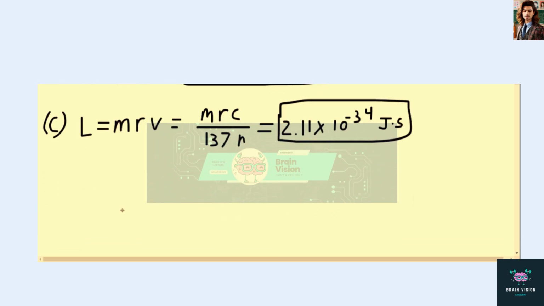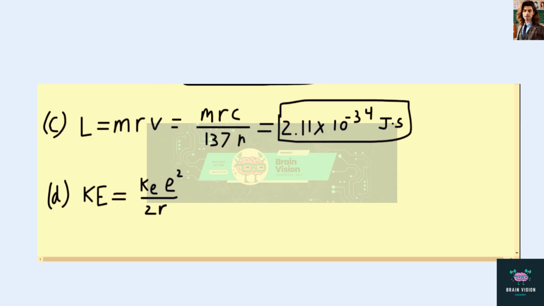Part D wants us to find the kinetic energy of the electron. The kinetic energy, we'll call it Ke, is defined as the Coulomb constant, which is written as k sub little e, times the charge of the electron, e, squared, divided by 2 times the radius of orbit that we found in part A. Again, you want to use the units of meters there.